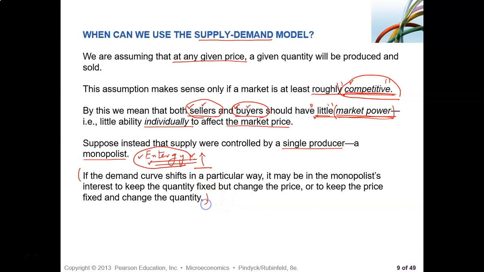We will see this, because of his monopoly position, the monopolist is always in a position to take advantage of changes in the demand curve, and what he will do to get maximum benefit out of such a shift depends on how the curve is shifting.